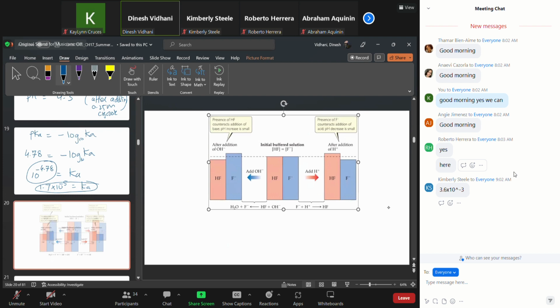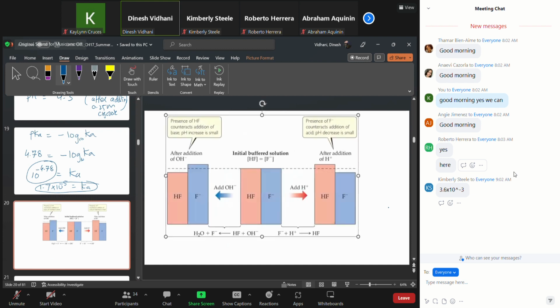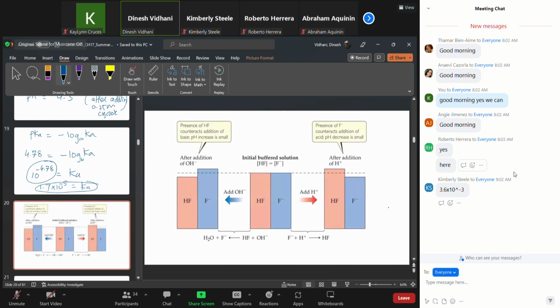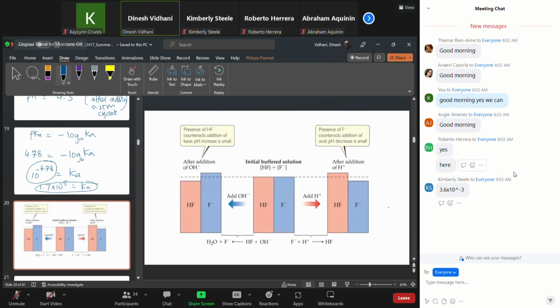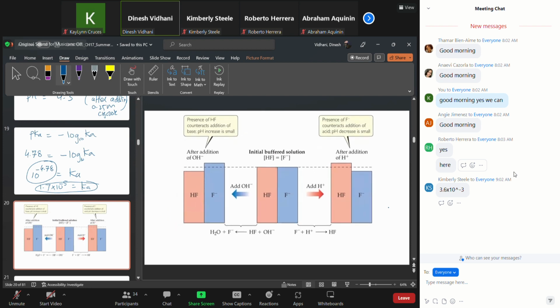When you add H plus, well, we know the salt of a weak acid is a strong base. The moment you add H plus in the solution, your fluoride ion simply is going to bond. When it does that, it's going to form undissociated HF. So now your new mixture will have more HF and less fluoride ion. Is it going to make a big difference in pH?